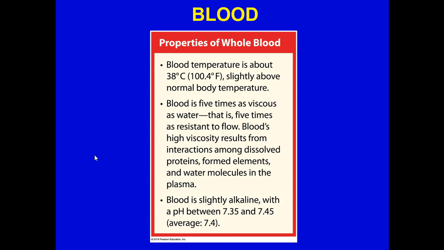Blood's high viscosity results from interactions among dissolved proteins, formed elements, and water molecules in the plasma. Blood is slightly alkaline, with a pH ranging between 7.35 and 7.45. Hint, hint, memorize that range. You need to know those numbers, and it's going to come back many times in subsequent lectures.